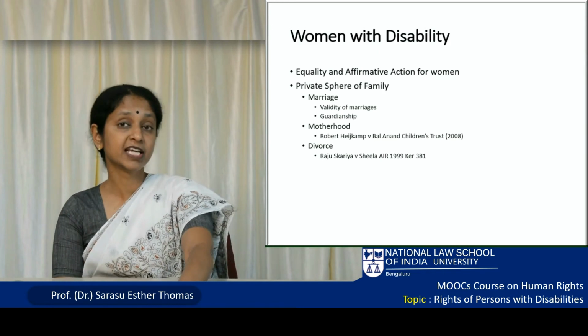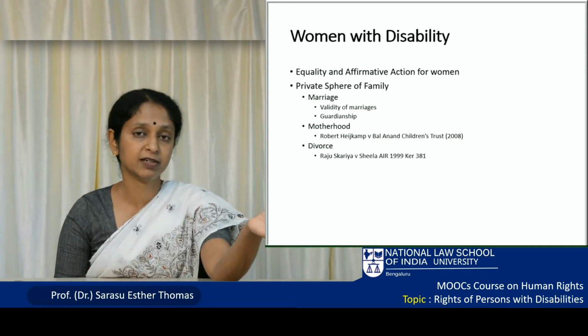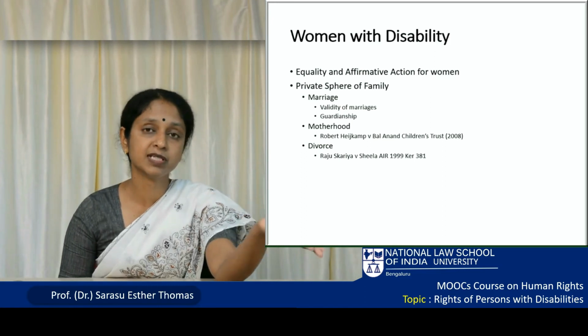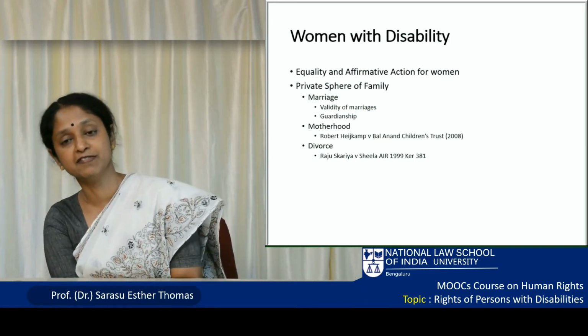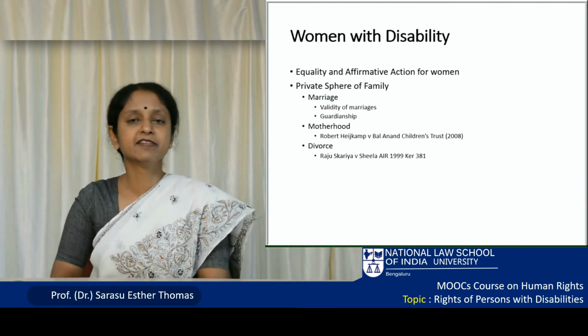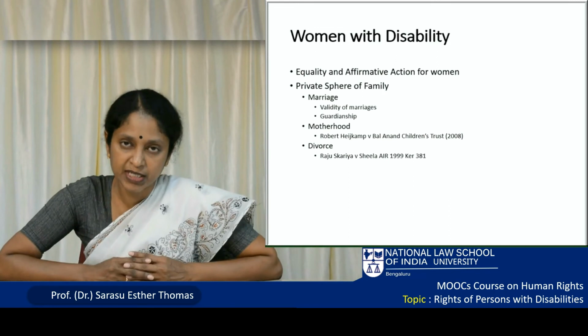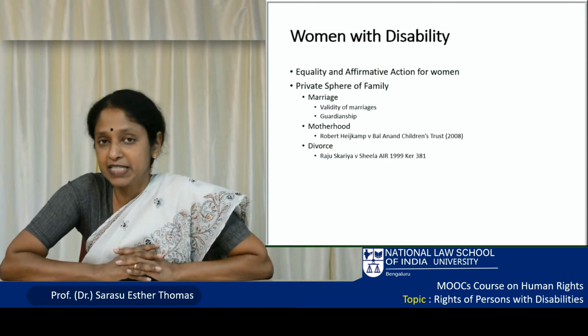So we find actually cases where women with disabilities have been given to men living far away, sometimes trafficked to persons who want a wife because there are no wives available. Now, when we look at marriage, when it's a person with disability, whether a man or a woman, is a marriage valid if it is with a person with mental disability?